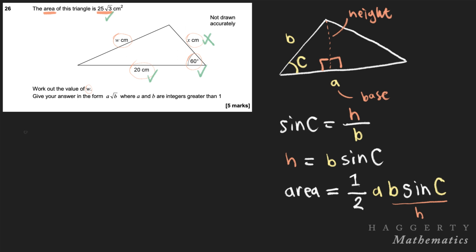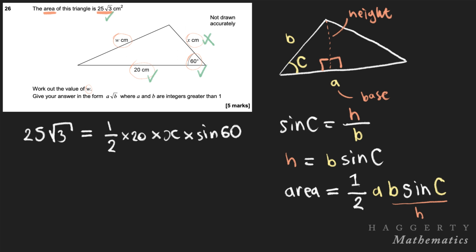So the area is 25√3, and that's going to be equal to the half times the side length A, that's just going to be our 20 here, times the B, which is x, and then times sine of 60 degrees. Okay, so this is where you need to remember what sine of 60 is. Again, this is a common angle triangle.